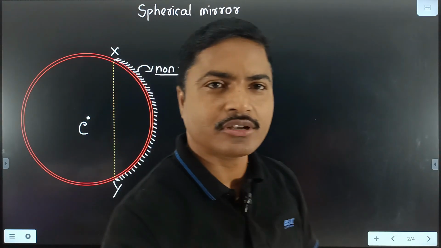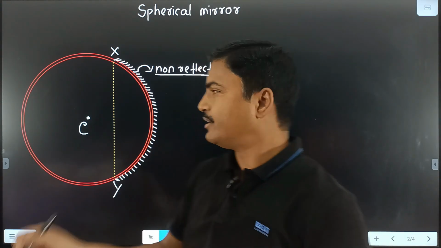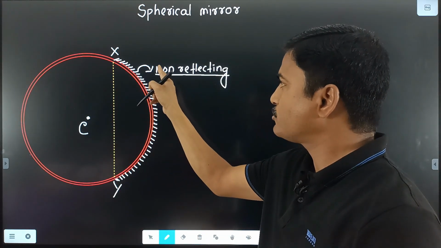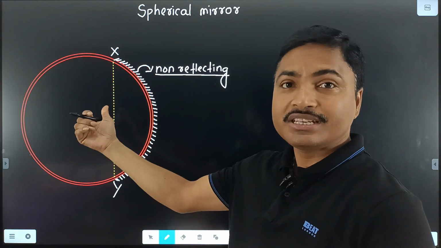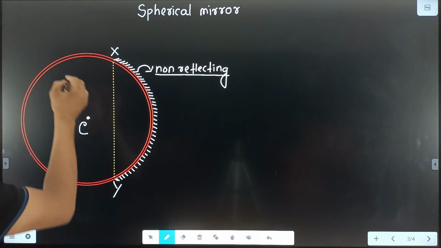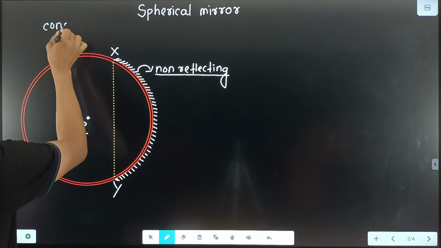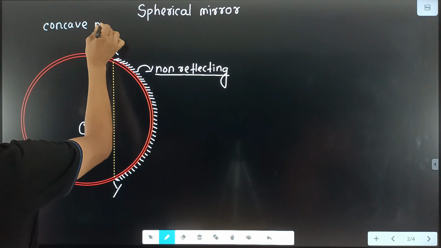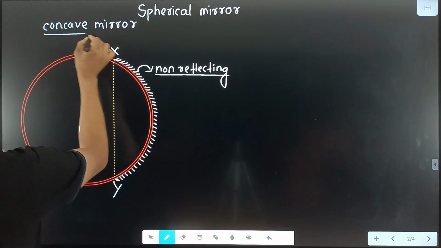If the inner surface of the hollow sphere made up of glass is a reflecting surface and the outer surface is the non-reflecting surface, this type of spherical mirror is known as the concave spherical mirror. Clear?